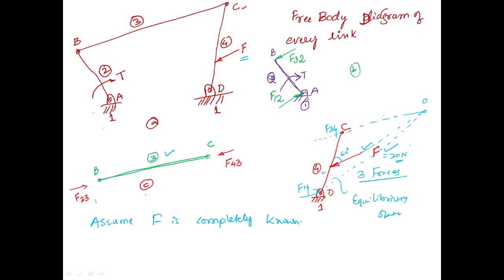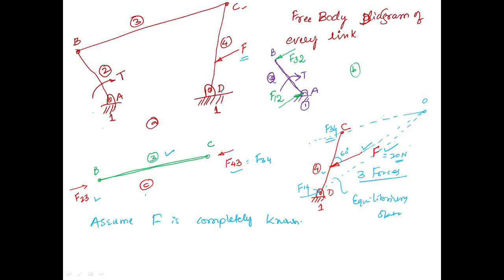The force F43 is in the same line BC, and the force acting on member 4 is F34. Then you know the direction of this F34.